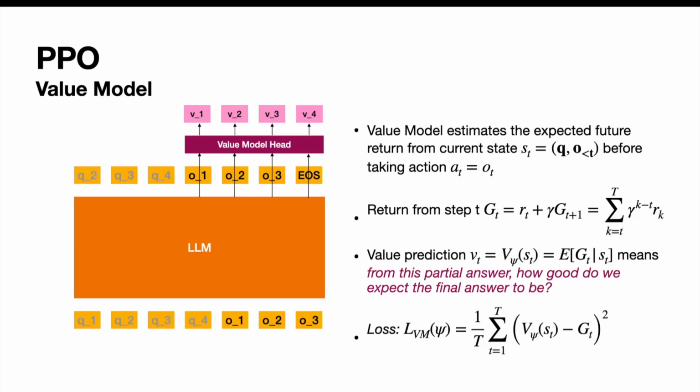The value model loss is the mean squared error between the predicted value V_psi of s_t and the target return G_t, averaged over the generated tokens. The value estimate will later help us compute the advantage, which tells us whether the sampled token was better or worse than expected.